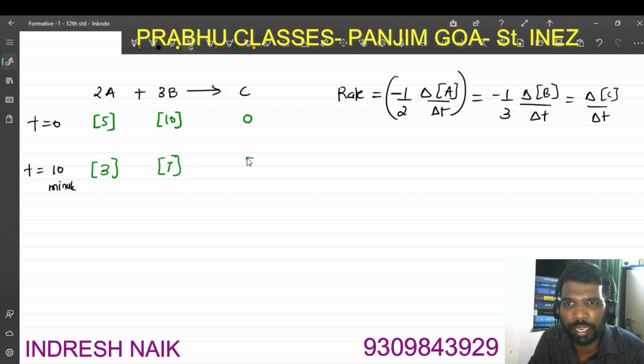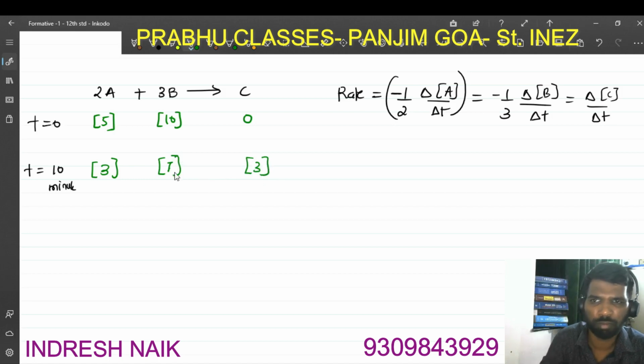And this has risen by 3. How this is 3 will vary from reaction to reaction. What is our point? We have to understand that the concentration of reactant has gone down and that of the product has increased, right? This is just an example I have taken for you to show the significance of this negative sign.